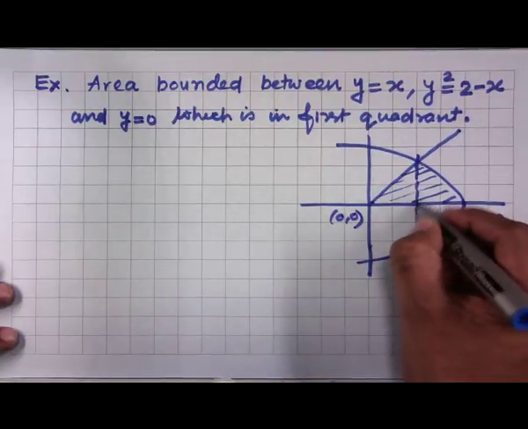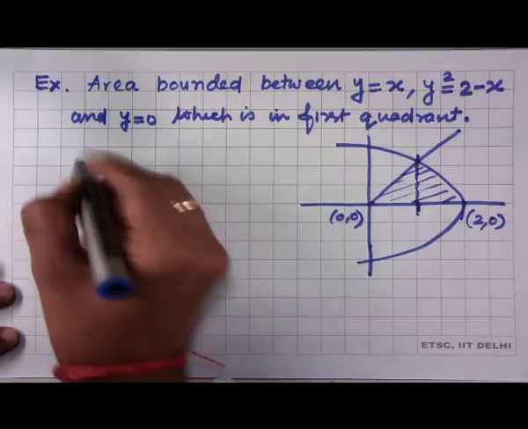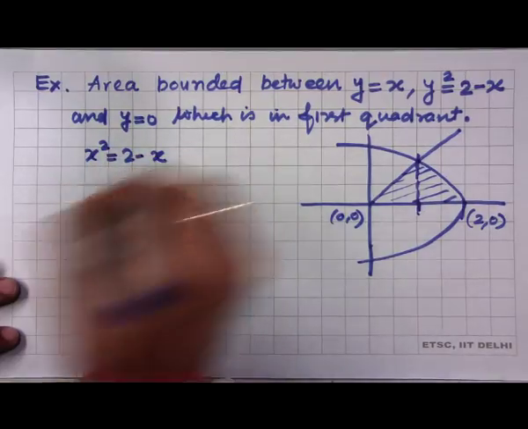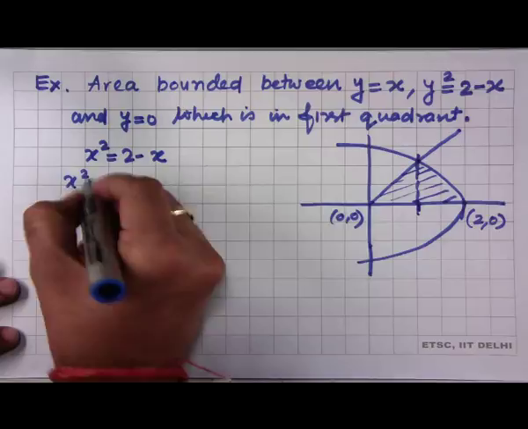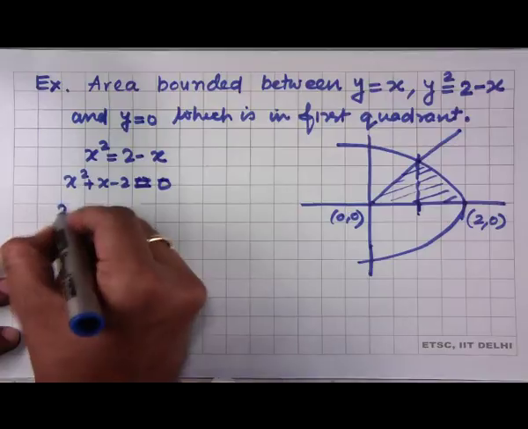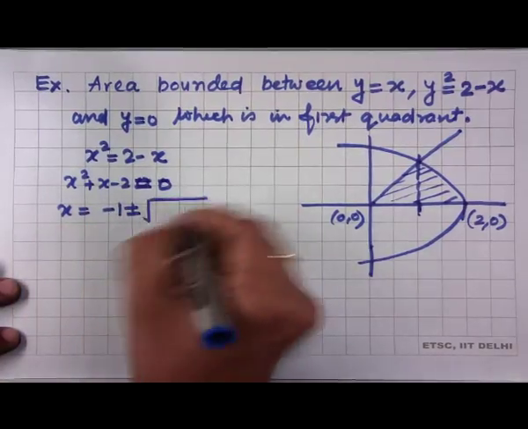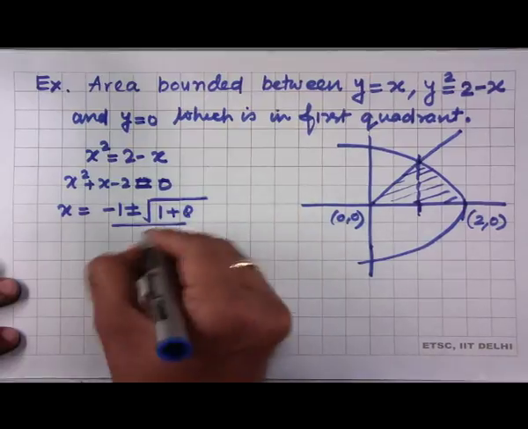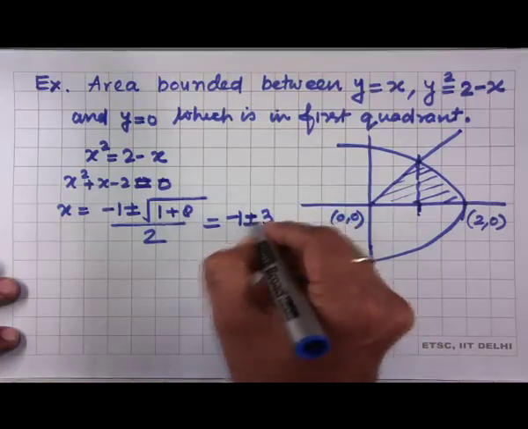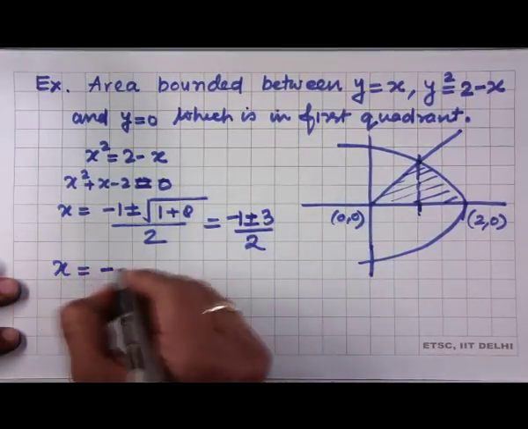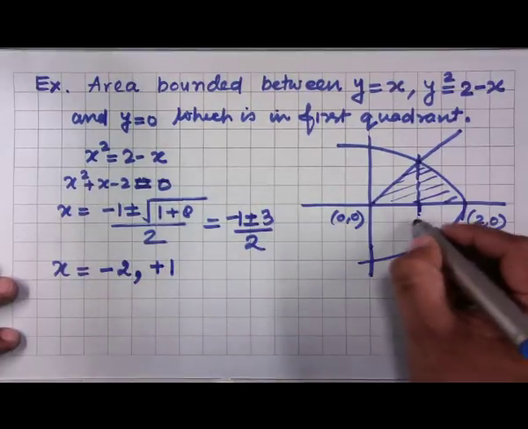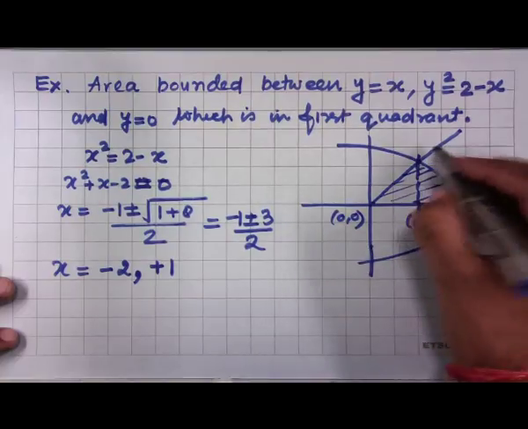We need to find out the coordinates of these 2 points. So, we solve it and see that this is 1 comma 0 and this is 1 comma 1.